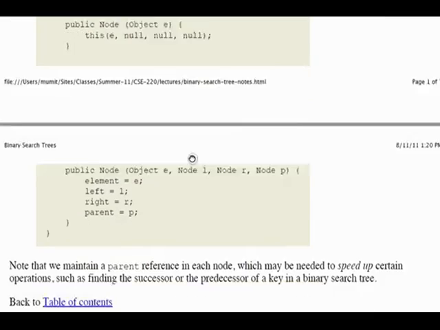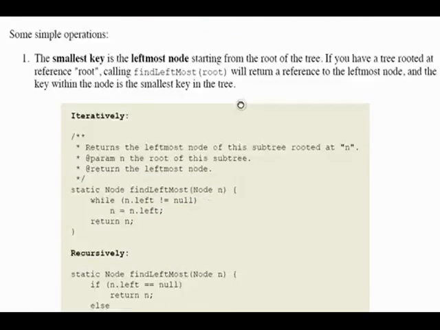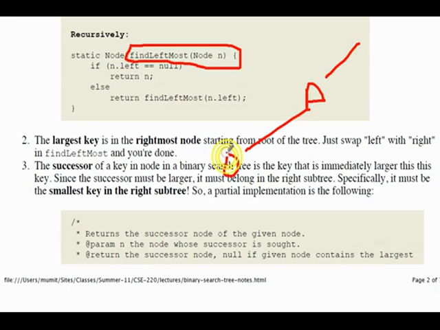So binary search trees, these trees have to be sorted. This is an important method. Find leftmost. If n.left is not equal to null, then return n, then find leftmost, keep going to the left, to the left, to the left.